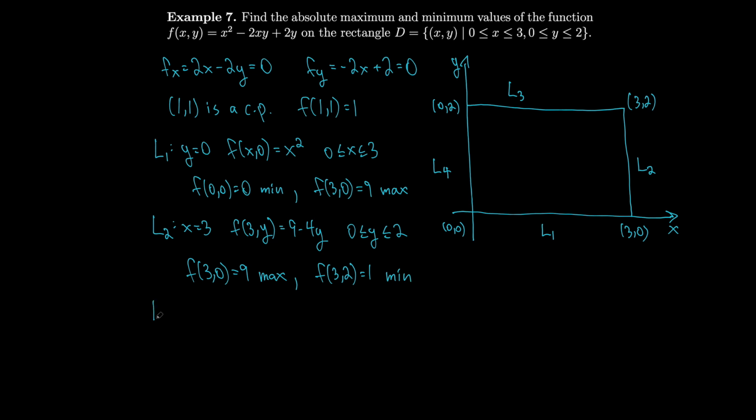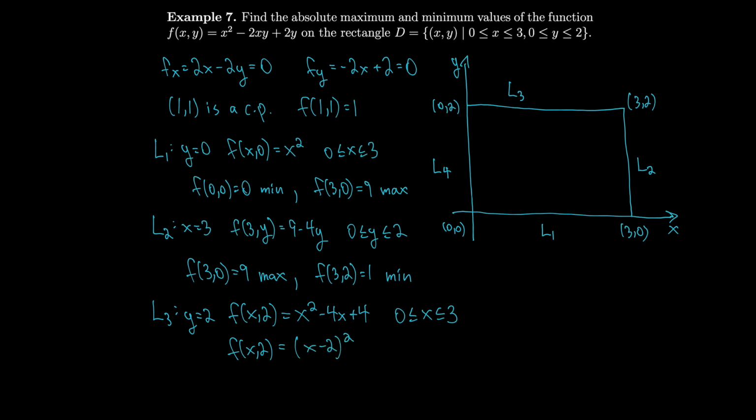Alright, we got 2 more lines to check. Let's do number 3. So for line number 3, we have y is 2, that's a constant. So it looks like we're looking at f of x with 2 plugged in for y. So that's x squared minus 4x plus 4, where x goes between 0 and 3 still. So what we could do is we could factor this as (x minus 2) squared.